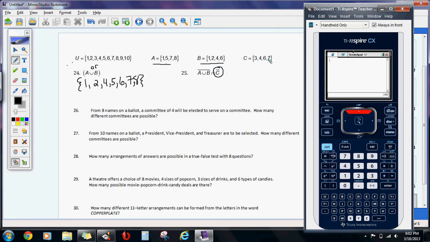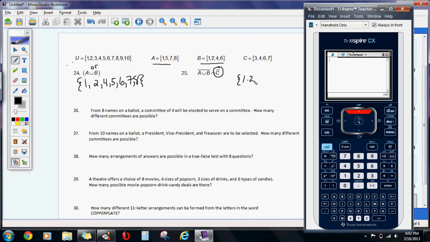Basically, 3, 4, 6, and 7, those are the values that made it to set C. So the complement of C is basically talking about the values that did not make it to set C from the universal set. So remember, the universal set is 1 through 10. 3, 4, 6, and 7 made it.